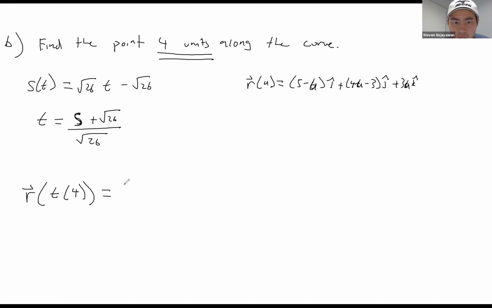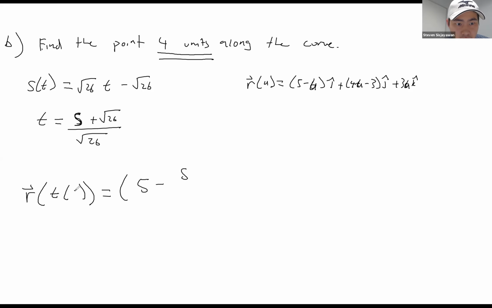I might have made a mistake previously, but what we're basically doing is plugging t into this equation right here. I'm just going to represent it with s first, so let's not confuse ourselves.